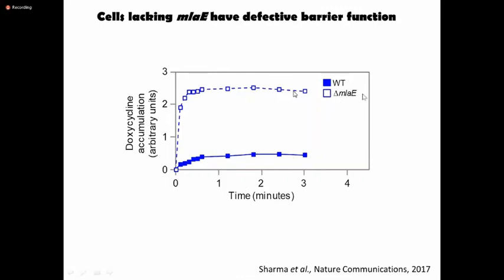But if you delete any gene, the barrier function is not maintained, and antibiotics like doxycycline can go and accumulate inside the cells and easily kill them. In the wild type situation, the barrier function is maintained, and hence you are not able to see the accumulation. It's just because of the asymmetry which is maintained by the Mla system.